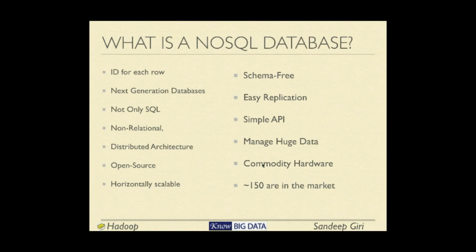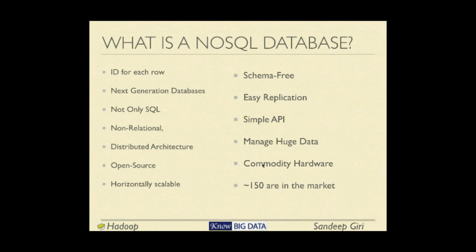Any questions so far? The third one we have is key value pairs. Key value pairs are the most primitive one. That's where the whole story started. Key value is like a huge hash table, a huge key value pair set stored on multiple computers, and we have the mapping of which key exists where.